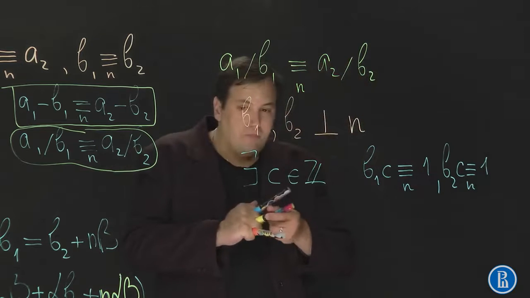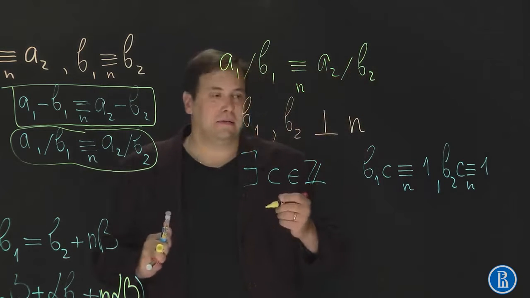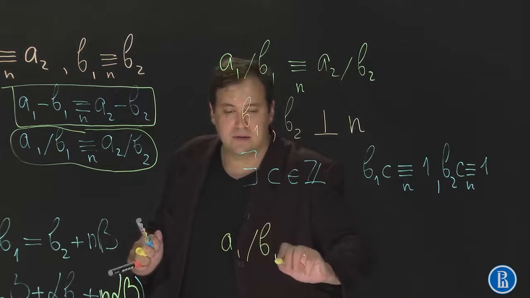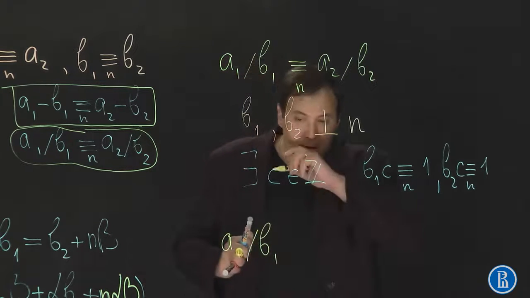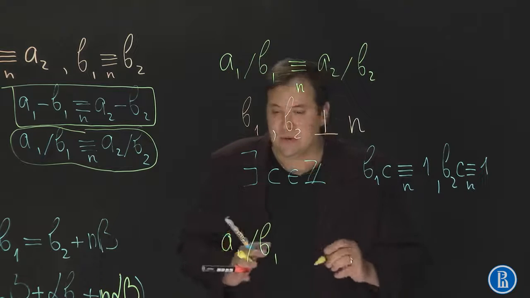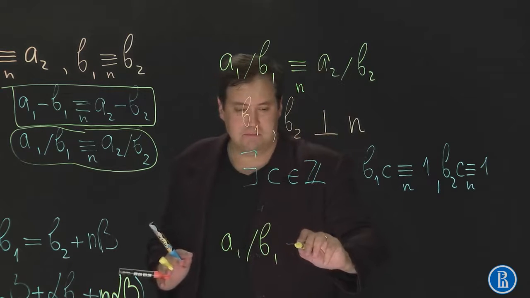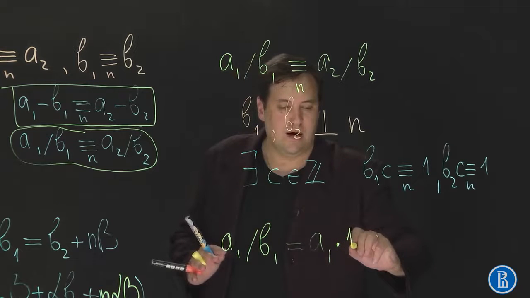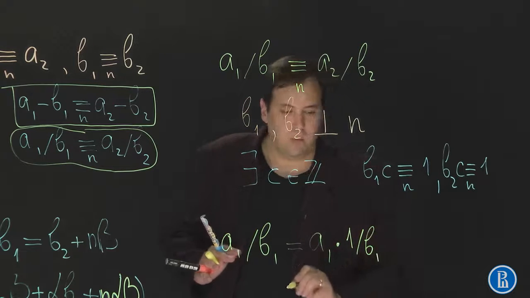I mean that a1 divided by b1, well, we can represent this as a1 multiplied by 1 over b1.